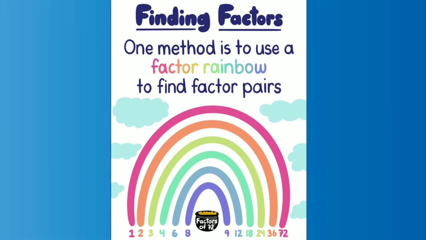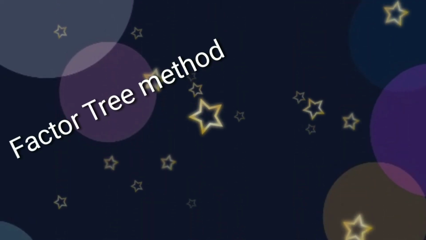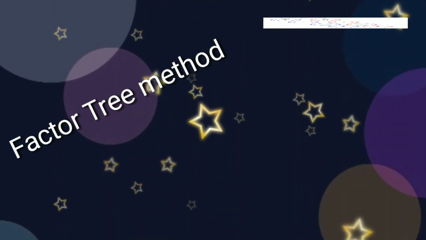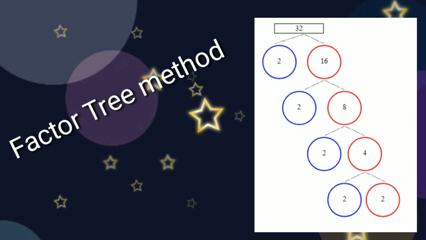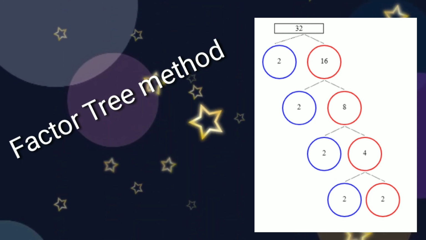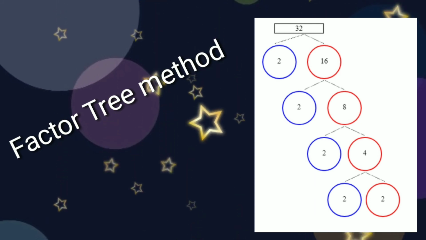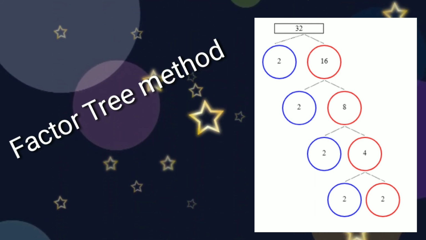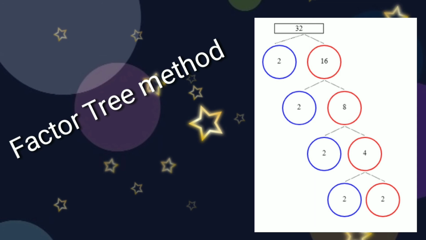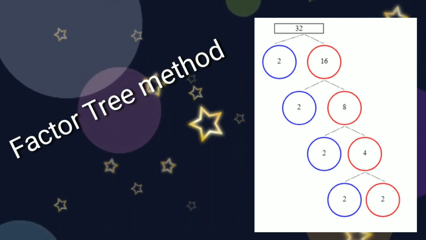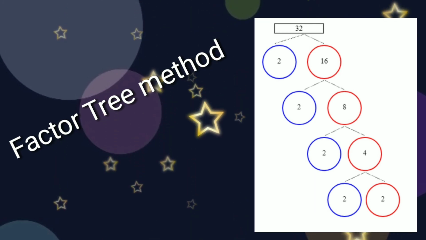Method, factor tree. In this method, we write factors like branches of a tree. For example, 32. Suppose 32 is a tree. We split this number into 16 and 2, and the multiplication of these two numbers is 32. We split the 16 branch again into 2 branches, 2 and 8.